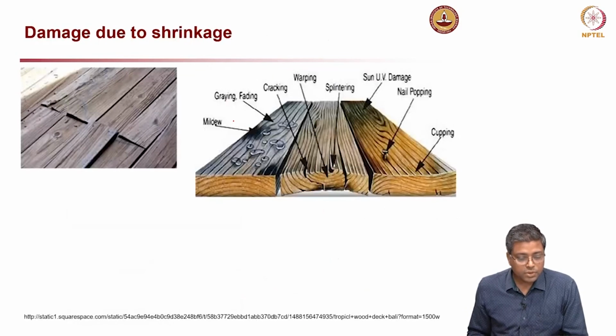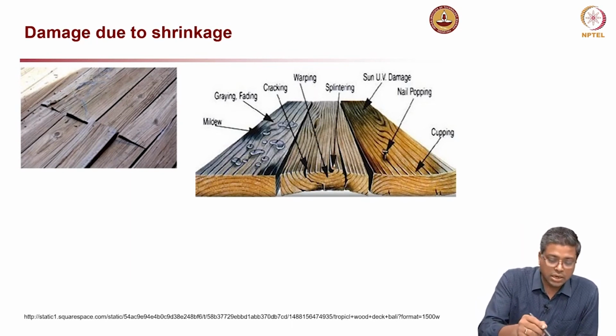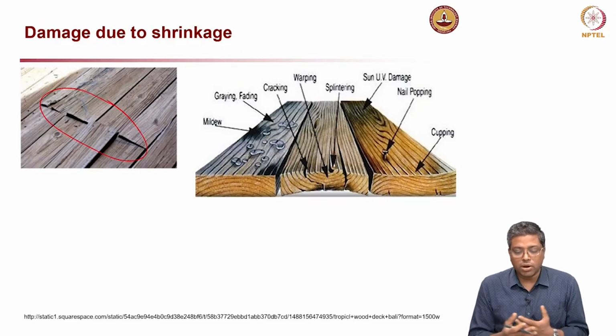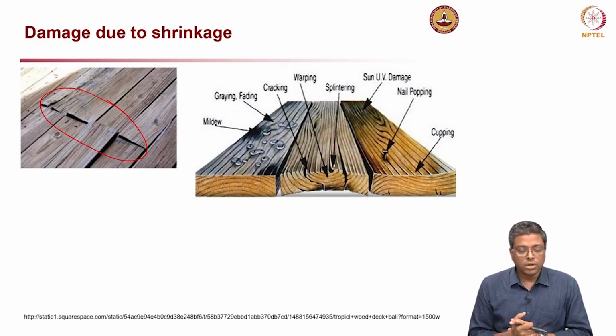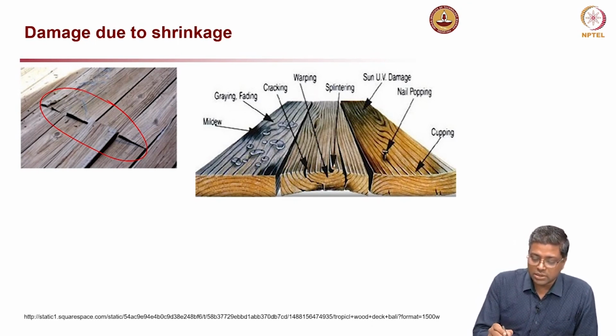Okay. Now, damage due to shrinkage. You can see on the left image that there are pop outs. If you have ever been to places where timber is used for flooring, you will see these kinds of problems because of warping.